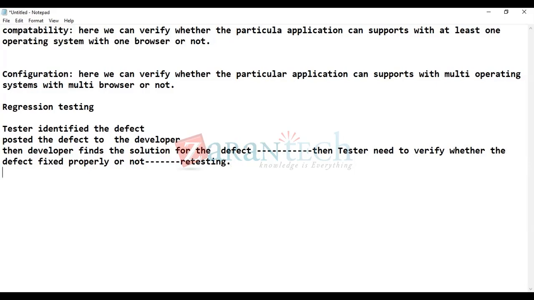Then what is regression testing? Suppose one project is divided into 3 modules: module A, module B, and module C. For module A, is retesting mandatory or not?